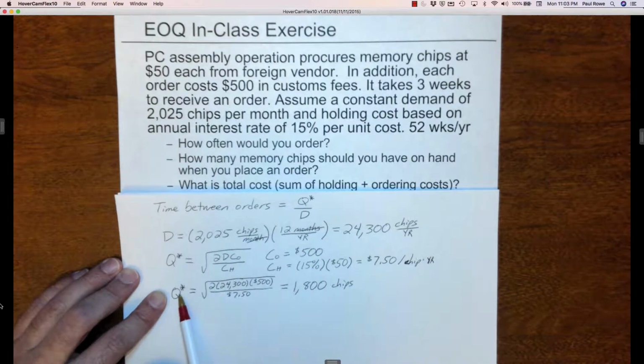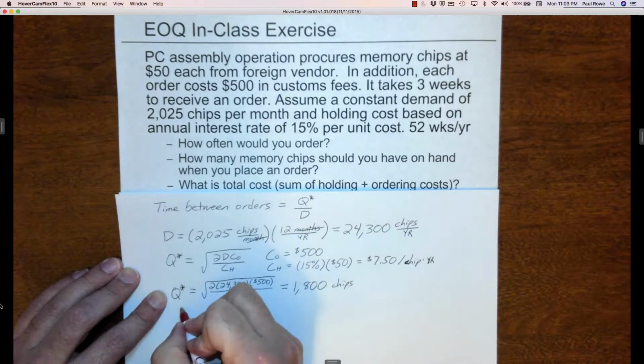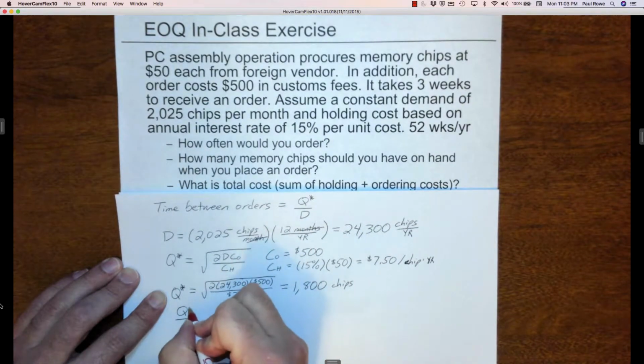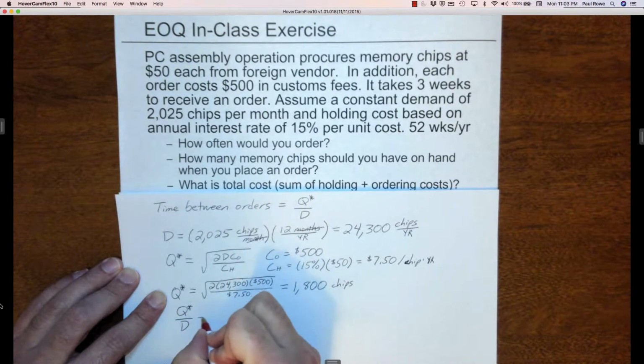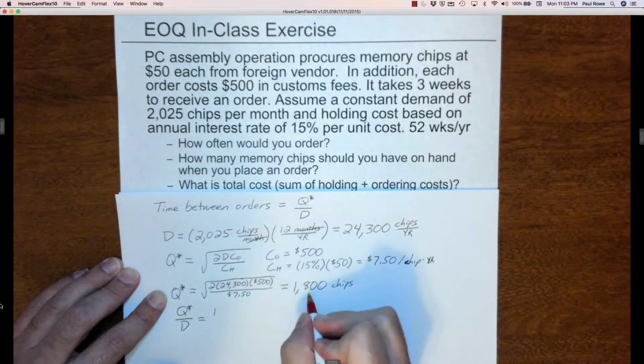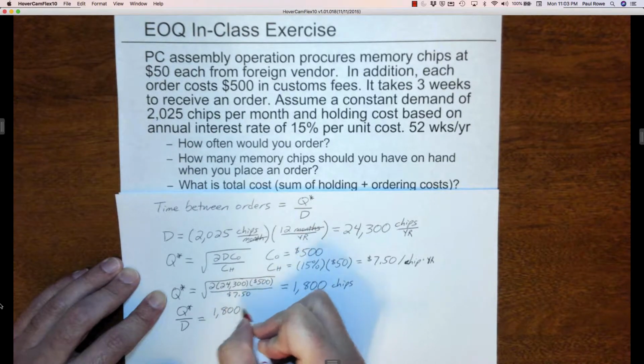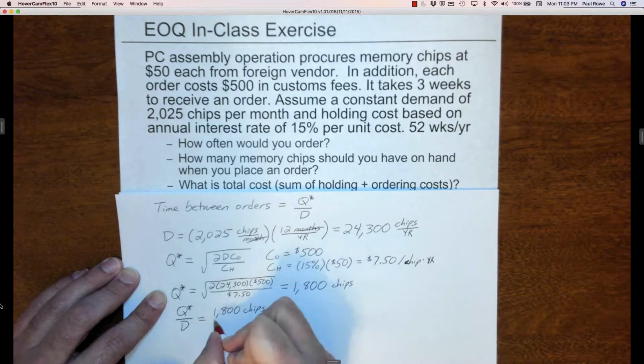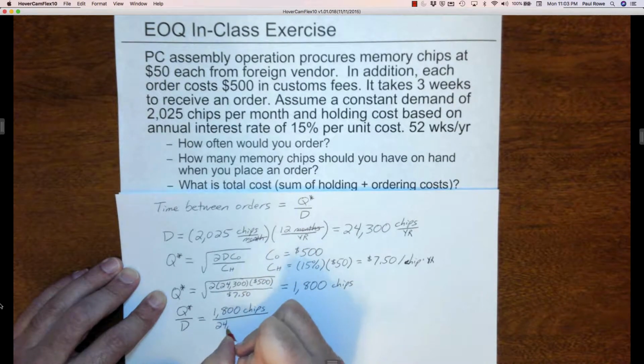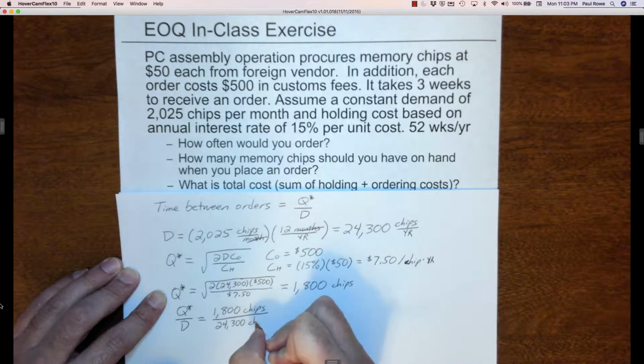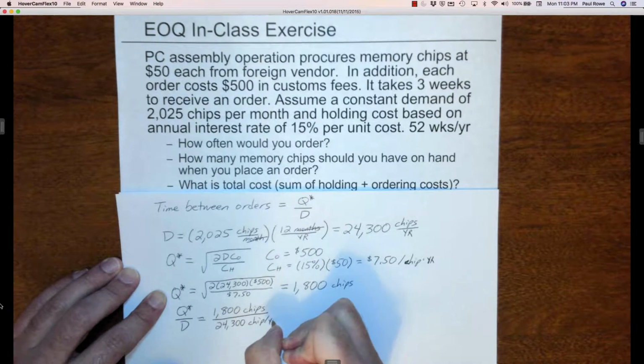So now we have our Q star, we have our D, so we can calculate our time between orders. 1,800 chips divided by our 24,300 chips per year.